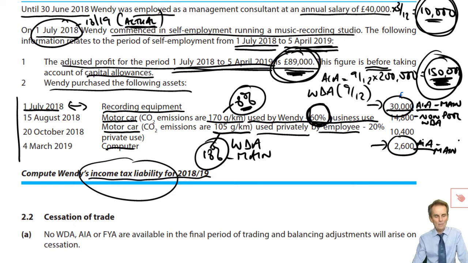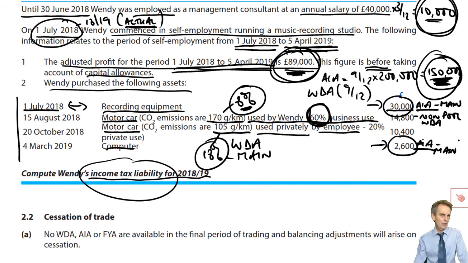On each car, we then must compute the available WDA. It's going to be 9/12 of the relevant figure of 8% or 18%, and then having got that figure and deducted it from the costs incurred, for the one with private use by Wendy, we will then restrict that allowance to the claimable figure, which will be just the 60% business use component.